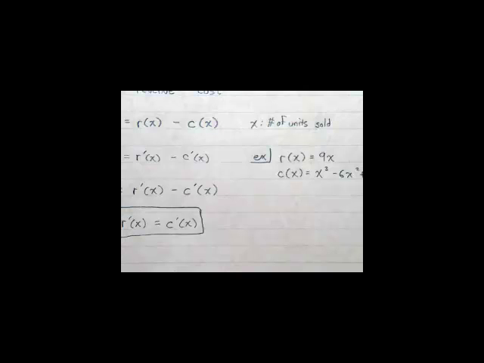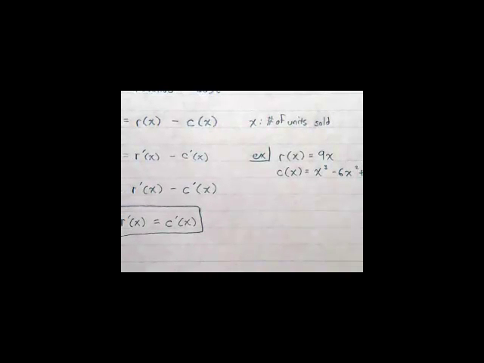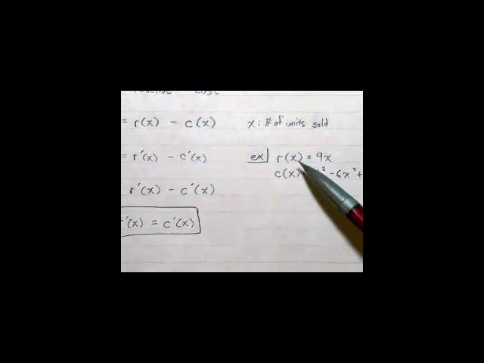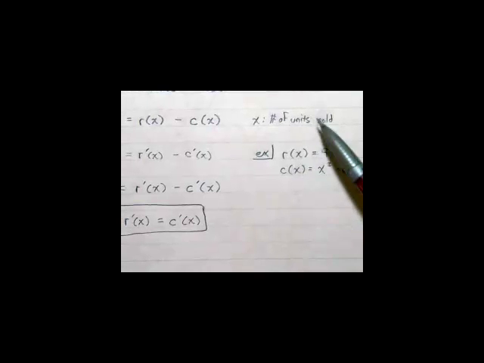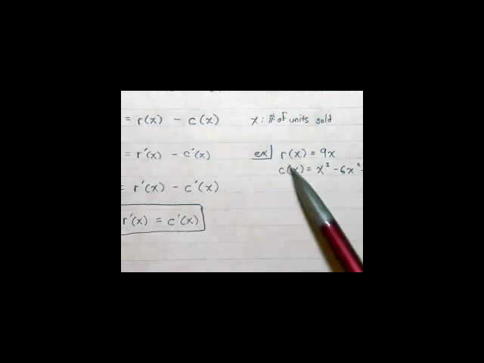Now, I don't know where businesses necessarily come up with these equations for revenue and cost. The revenue, actually, I do. The cost, I don't. These are crazy. But the revenue, think about this for a second. If x represents the number of units sold, and my revenue equation is 9x, how much does each unit cost? $9. Yeah, how much are we selling it for? $9, right? So that makes a bit of sense.